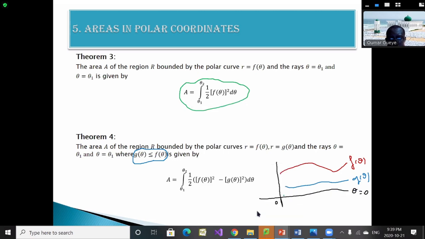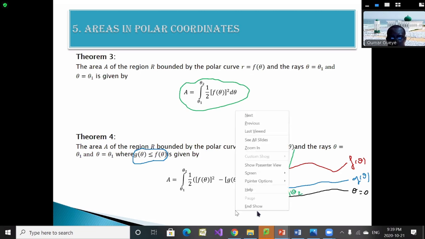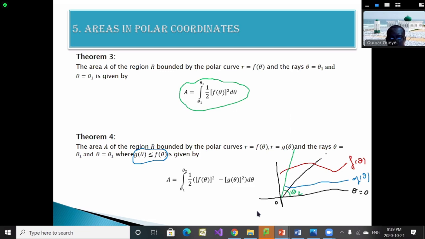So for example, let's say this angle here is theta 2. And we have another angle which is equal to theta 1. I'm just going to take a black color here. And we have this angle.